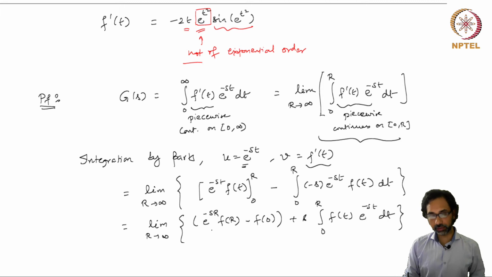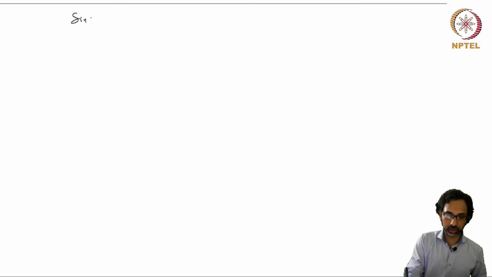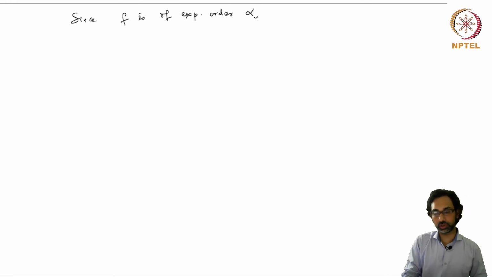Now we have assumed that f is of exponential order, so therefore this limit will go to 0. Since f is of exponential order alpha, I am going to use this coefficient that appears in the right hand side of the inequality in the exponential function.